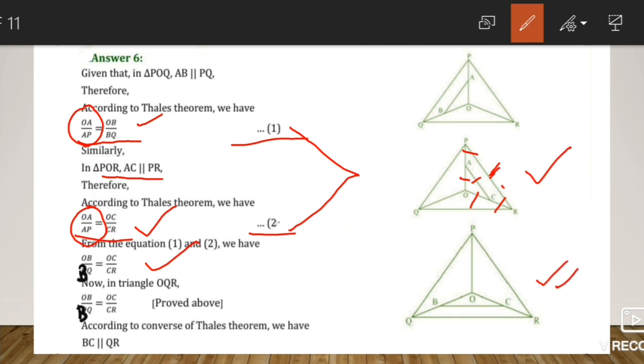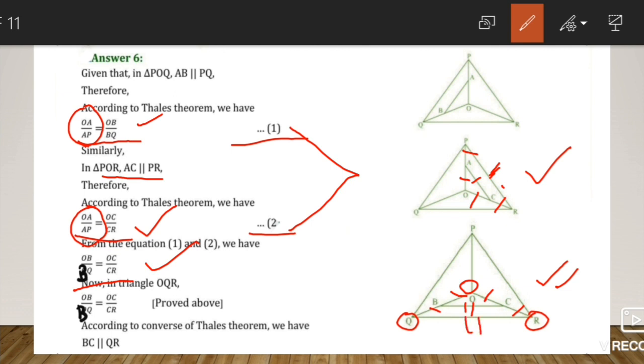In the triangle OQR, you will take this lower triangle OQR, and from this equation, you can say that OB by BQ is equal to OC by CR. That means the ratio of the sides are equal. So, by using the converse BPT theorem, you can say that BC is parallel to QR.